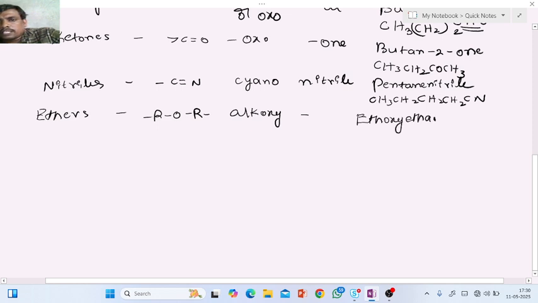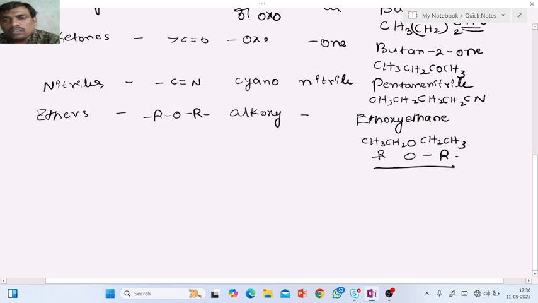Ethoxyethane can be taken as the best example. CH3, CH2, O, CH2, CH3: this is one R, and oxygen is there, and another R is there, so the functional group is matched.